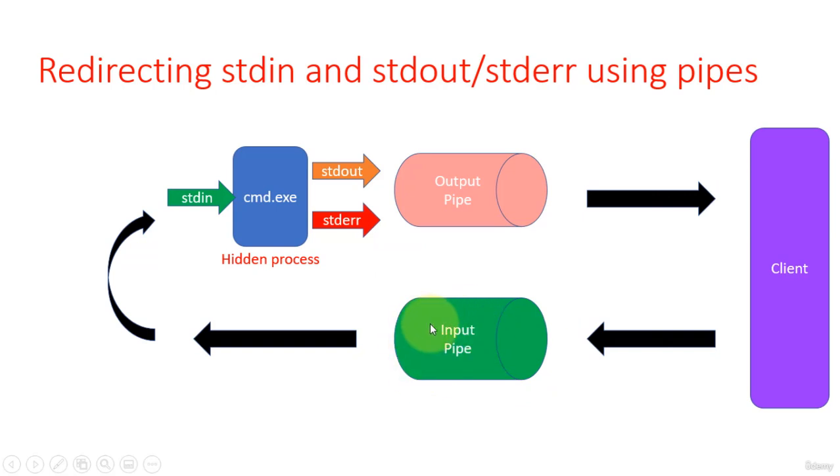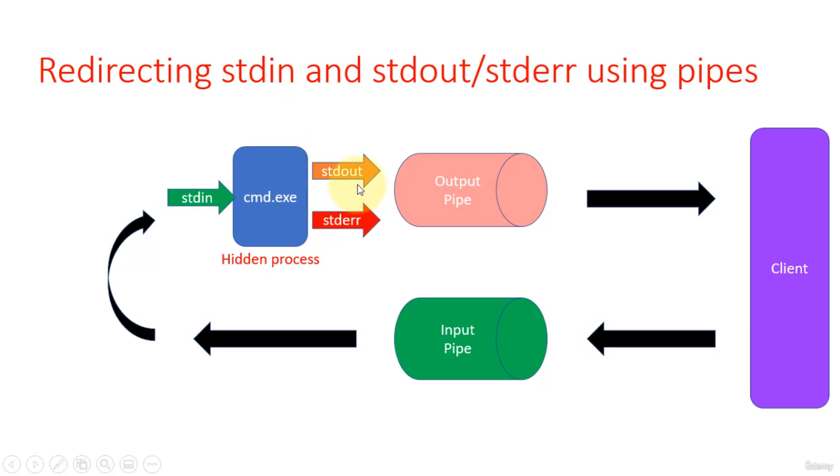Similarly, we are now also inserting another input pipe between the incoming commands and the standard in. So the only thing new here is the output pipe is intercepting all the outputs. The input pipe is intercepting all the inputs.